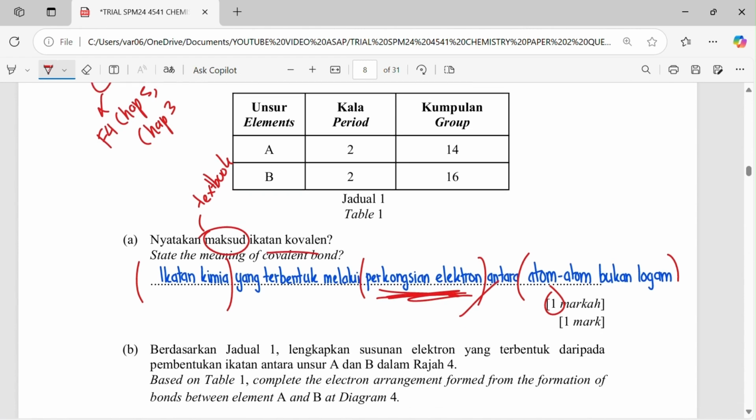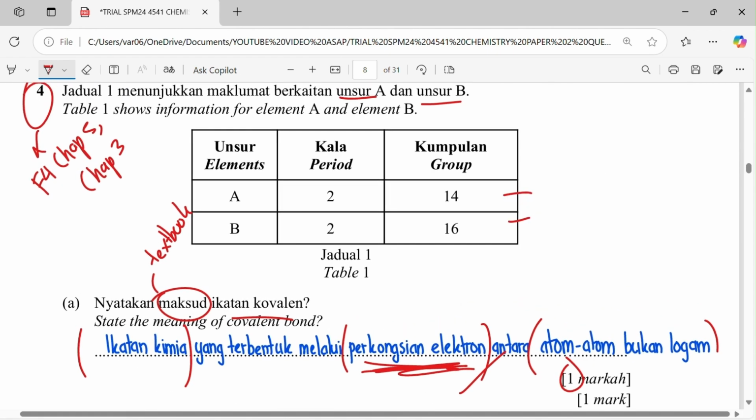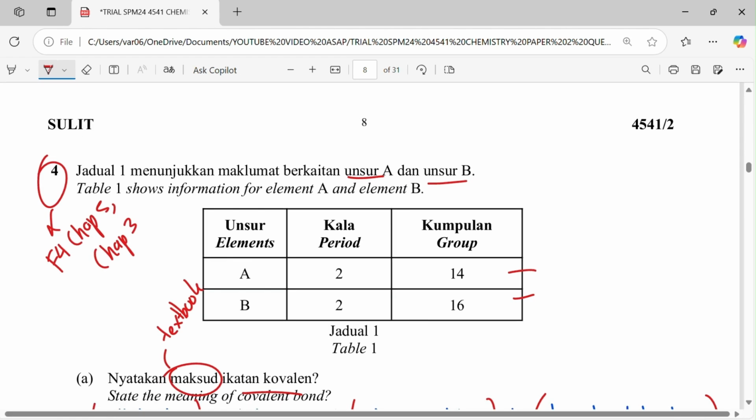Next, berdasarkan jadual 1, lengkapkan susunan elektron yang terbentuk dalam pembentukan ikatan antara unsur A dan B. Okay. So they are being very kind to you. They already give you kumpulan color. You have periodic table. Go and check the actual element. Okay, wait, let me check my periodic table.